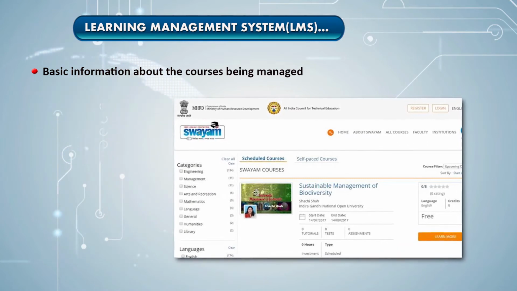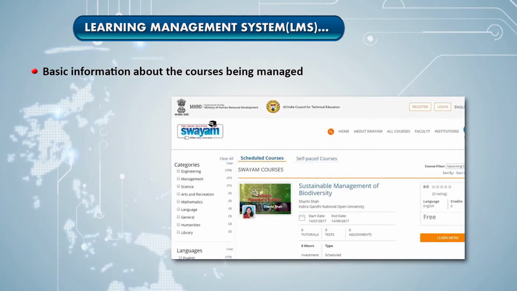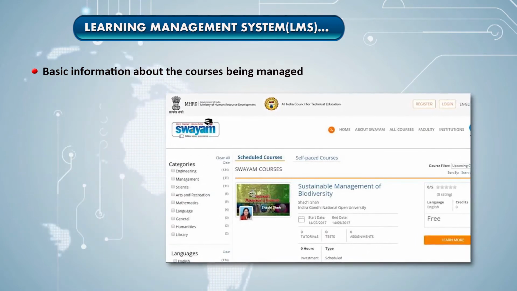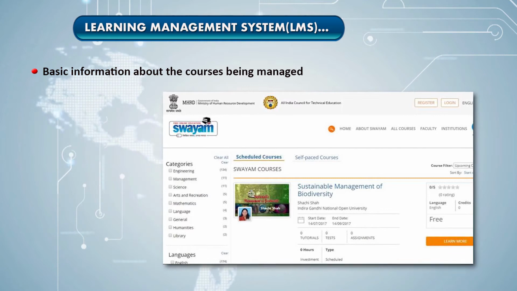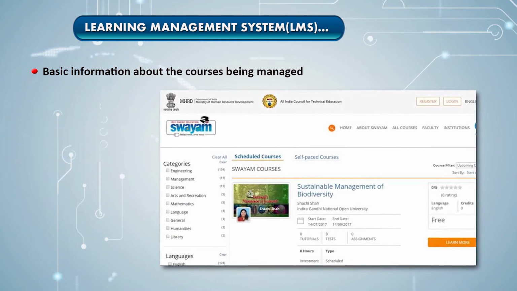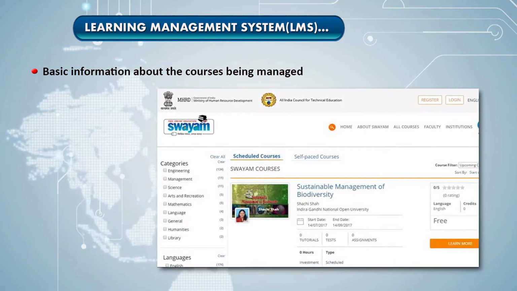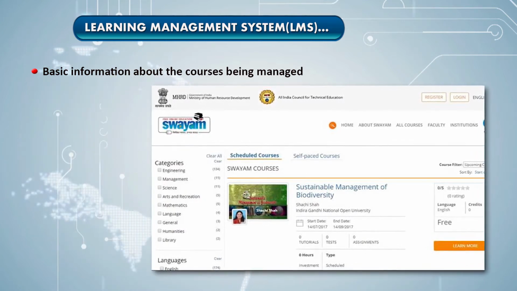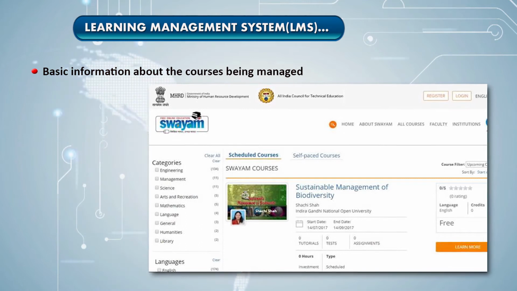So, all that information is provided to a student or learner who wants to enroll for a particular program, and is made available to anybody who would like to enroll.